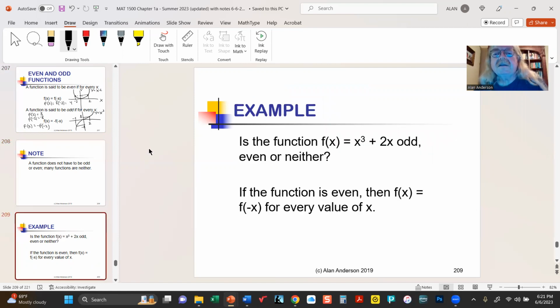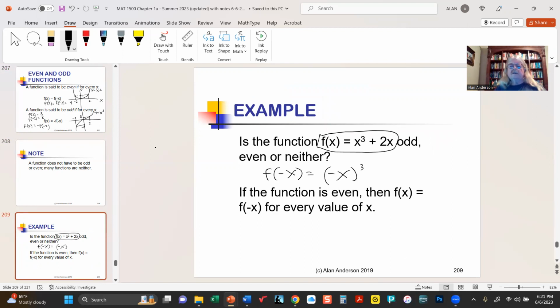So let's see if we can identify whether this one is even, odd, or neither. What we're going to do is start by looking at the definition of even. So f of x is this expression. That implies that f of negative x is negative x cubed, it's 2 times negative x.